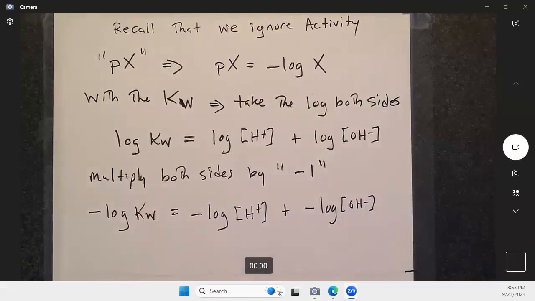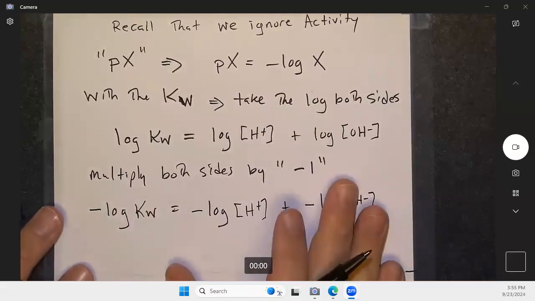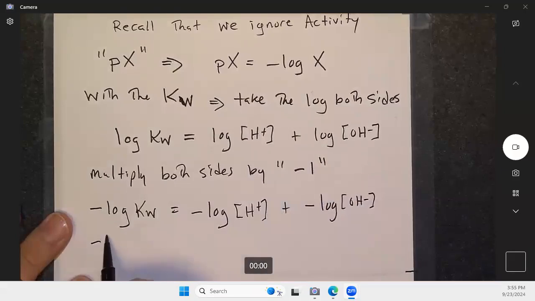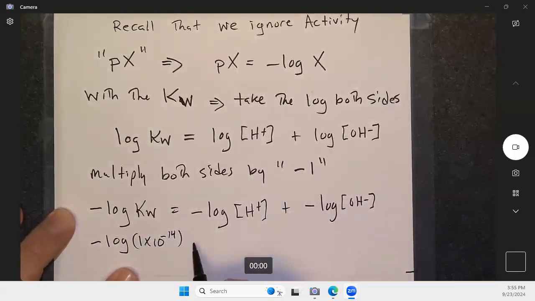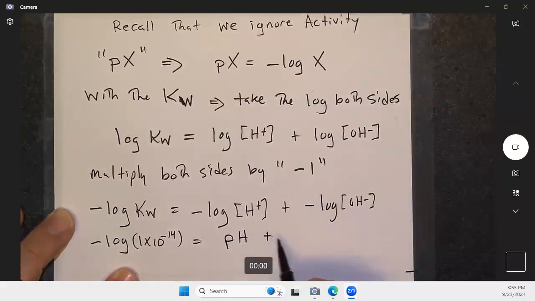And so then we can go in and substitute what we know. This is the negative log of 1 times 10 to the minus 14. And negative log of H plus is simply pH. And negative log of OH minus is pOH.